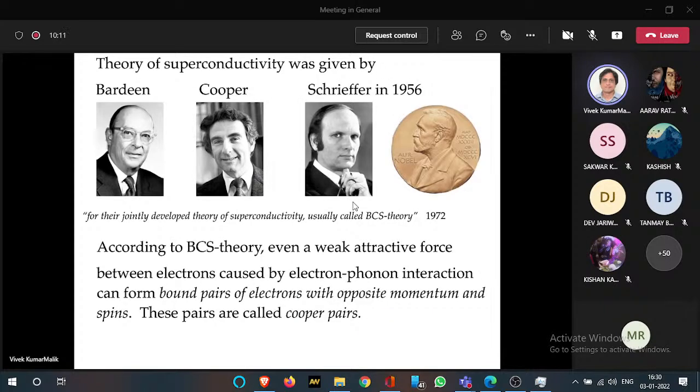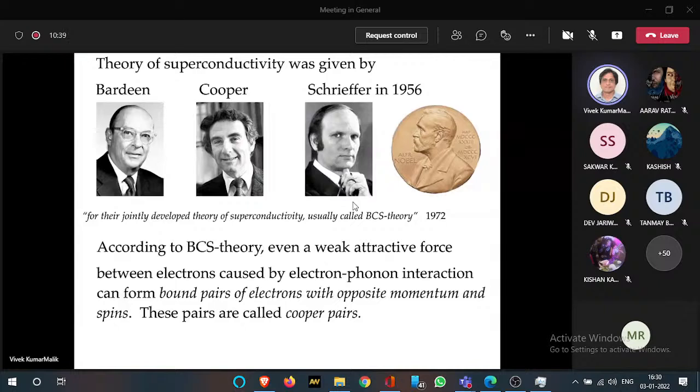And as I said, for a long time, this superconducting phenomenon could not be explained theoretically. It was discovered in 1911, and till 1956 there was no explanation as such. It was so absurd that it was not really explained. But in 1956, Bardeen, Cooper, and Schrieffer.